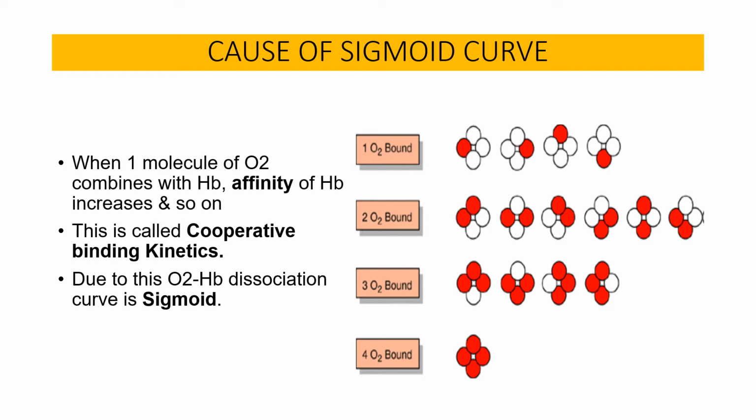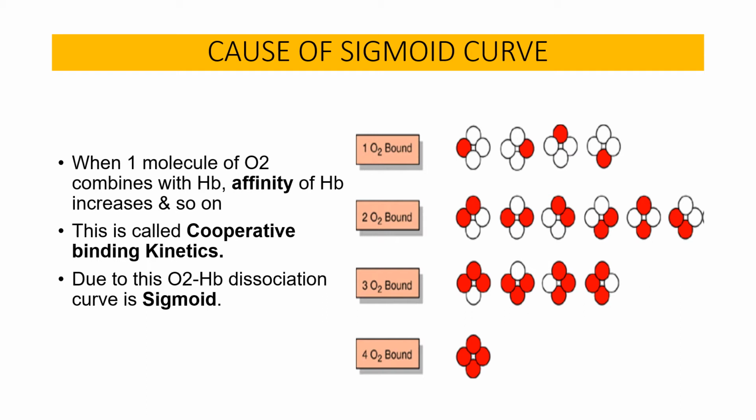You can see that as there is binding of one oxygen molecule, there is an increase in affinity for the binding of the second molecule, and there are more oxygen molecules bound.